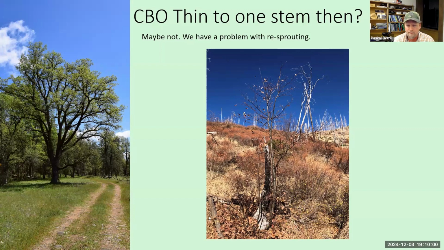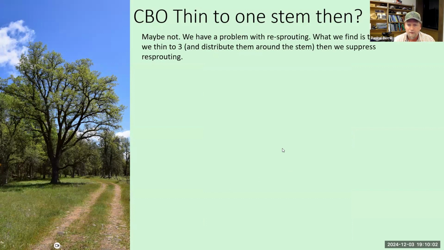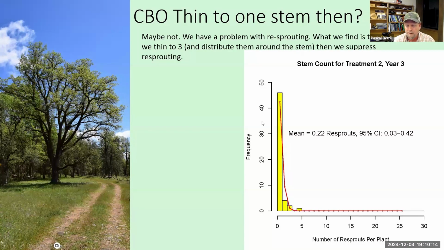That is counterproductive. So when we thinned down to 3, and they were well distributed around the clump, we found that had a suppressing effect on the resprouting. The graph from the paper that we published shows, on this frequency distribution, that when we thin down to leave 3 on a clump, this tall yellow bar means that 87% of those did not resprout.